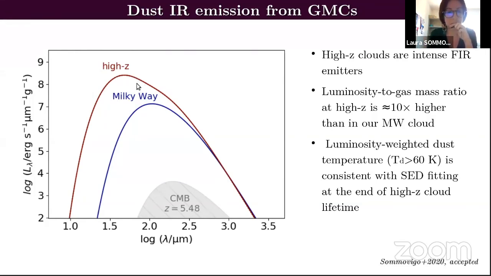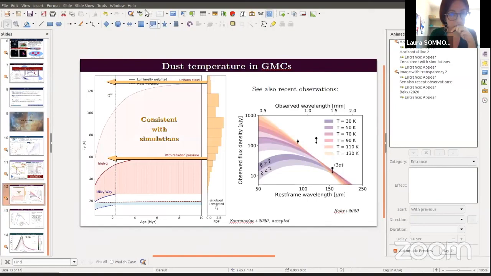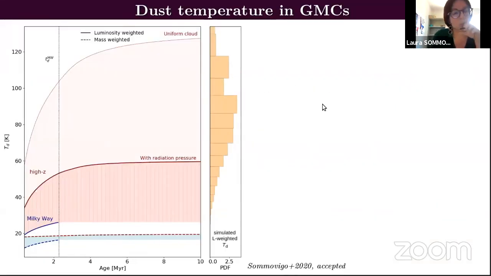contributing the most. However, we also show two different weightings for our dust temperature. Here I'm showing you the dust temperature, luminosity weighted and mass weighted, for our simulated clouds. Especially, I would like you to focus on the red lines, which are the ones related to the high redshift cloud. You can see that if we think of mass weighting, the dust temperature is really low because most of the dust mass is found in equilibrium with the CMB.